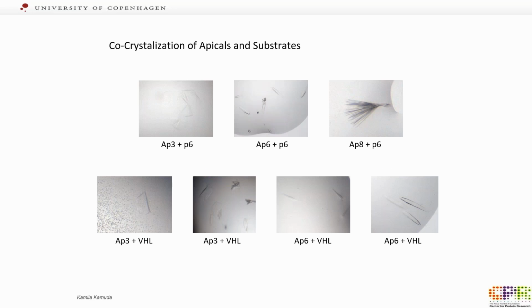After the interaction was confirmed by a pull-down assay, I tried to co-crystallize the apical domains and substrates. Here are the hits I have obtained and am trying to optimize.